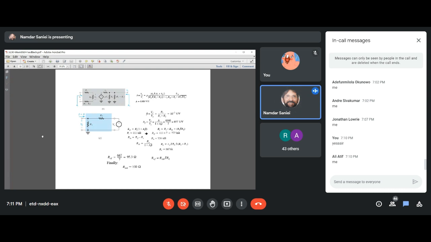But in order to be in sync with the other section, which barely finished the second example of the shunt, we can say that this is the lecture for today. But you're welcome to ask any question you have after this. You can leave if you want, or you can stay and ask questions. We have another 10-15 minutes left.